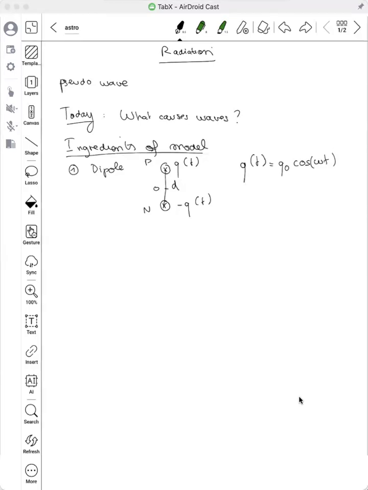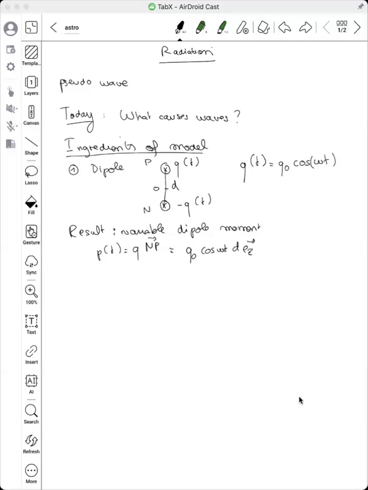And the result of this is that we have a variable dipole moment. So we have P of t, which is going to be Q and P. This is the way we always write things. So this is going to be Q0 cosine omega t d ez. I have a small unit vector here, ez.